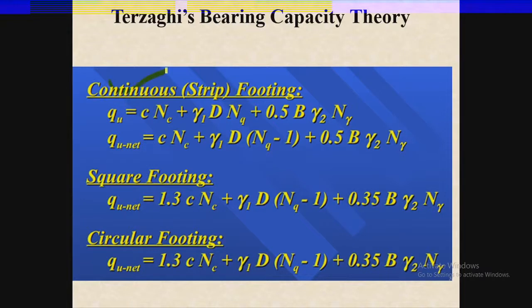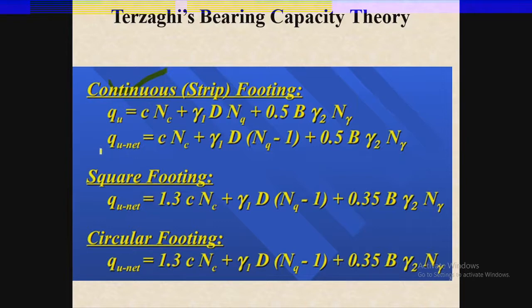Like for the strip footing, this expression will be equal to CNC plus gamma 1 D NQ plus 0.5 B gamma 2 N gamma, where C is the cohesion, NC, NQ and N gamma are basically the bearing capacity factors, gamma 1 is the unit weight of the soil above the foundation base, D is the depth of the foundation, B is the width of the foundation, and gamma 2 is basically the unit weight of the soil below the base of the foundation.